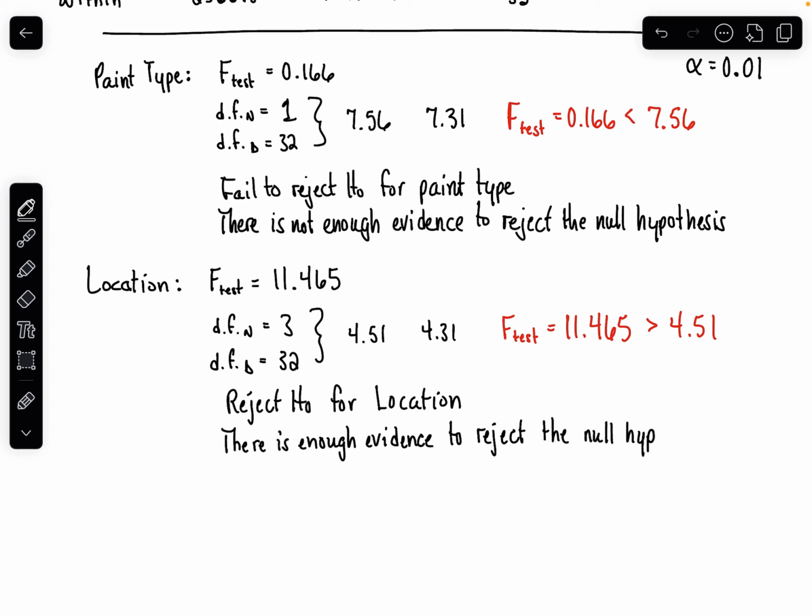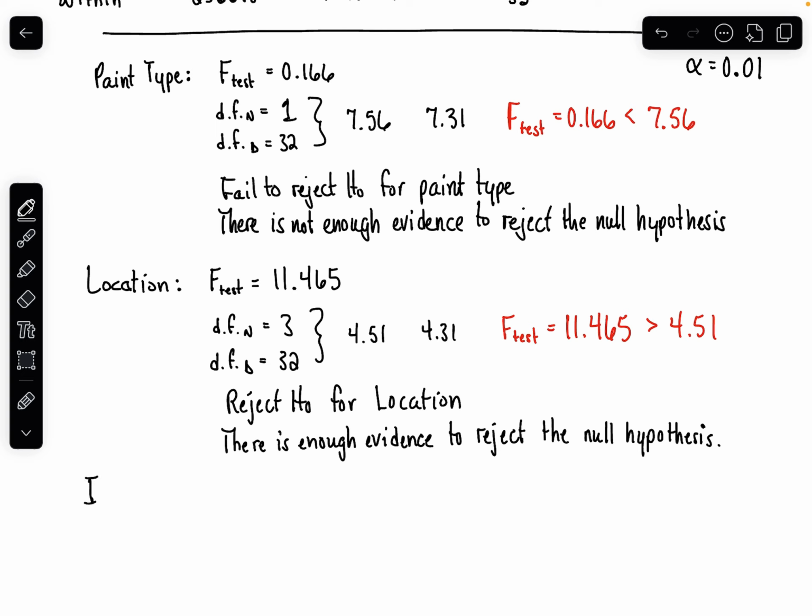So far, what we've seen is that, based on our sample data, the type of paint does not seem to make a difference in terms of how long it lasts. But the location definitely seems to make a difference as to how long it lasts.